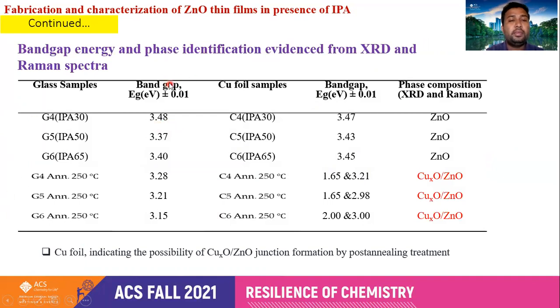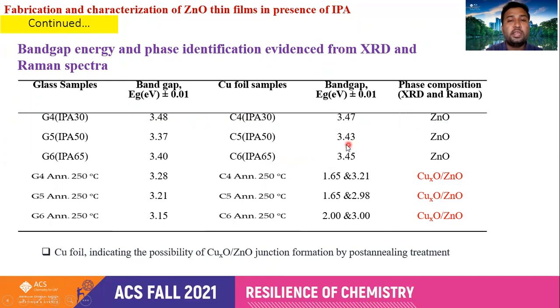And this table represents the band gap energy and phase identification evidenced from the XRD and the Raman spectroscopy. From this table, we see that the band gap energy decreases when the sample is annealed. In the case of soda-lime glass substrates and in the case of copper foil substrates, only a single phase, that means zinc oxide, is present.